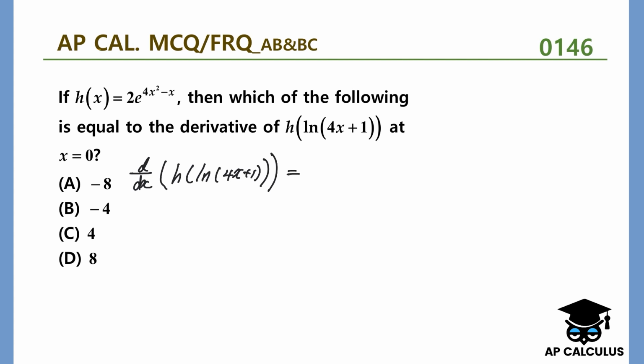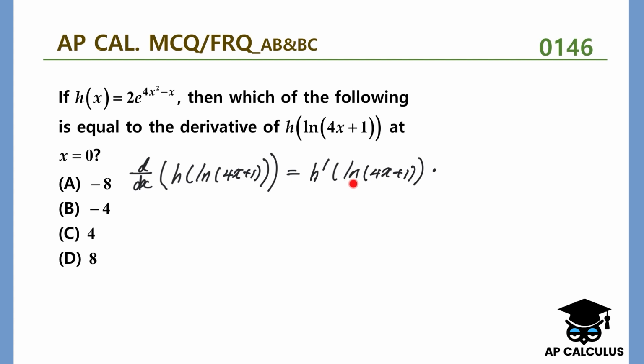So that is equal to the derivative of h, h prime. If we have a derivative of this function h prime, then we have to leave all of this expression alone. So we have to rewrite natural log of (4x plus 1), times then the derivative of the function inside of the parentheses.